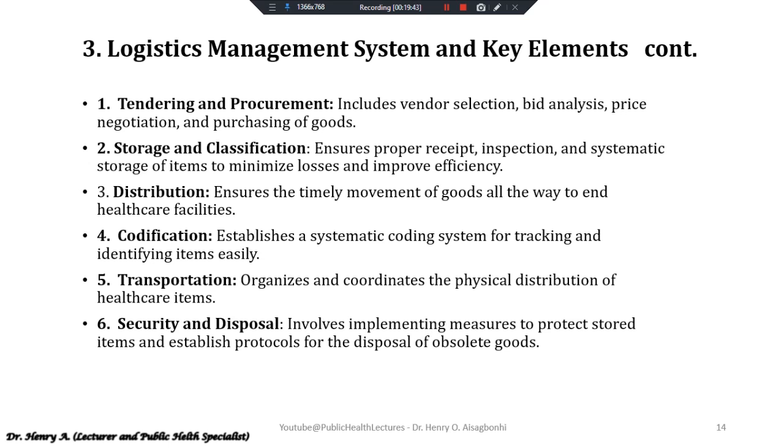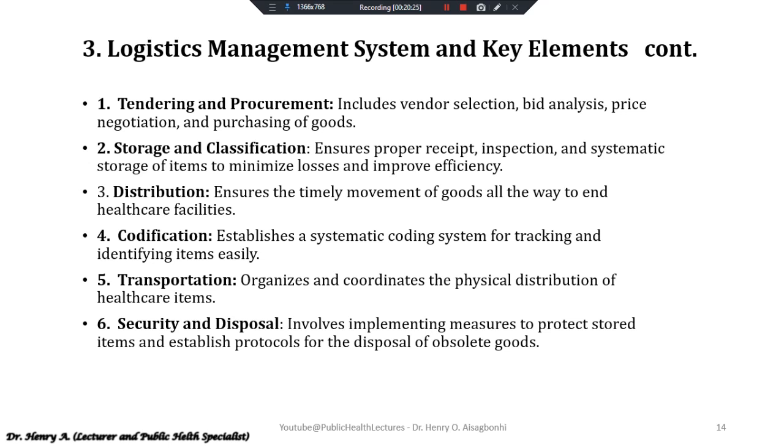When all these elements function together, procurement, storage, distribution, codification, transport and disposal, we achieve a functional, transparent and accountable logistics system. As a mini recap, I just want to summarize this part one, because I believe that this part one has taught us that logistics management is about efficient flow and control of health commodities.